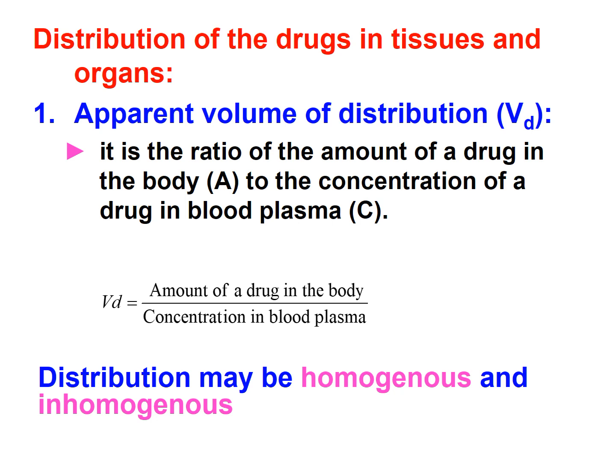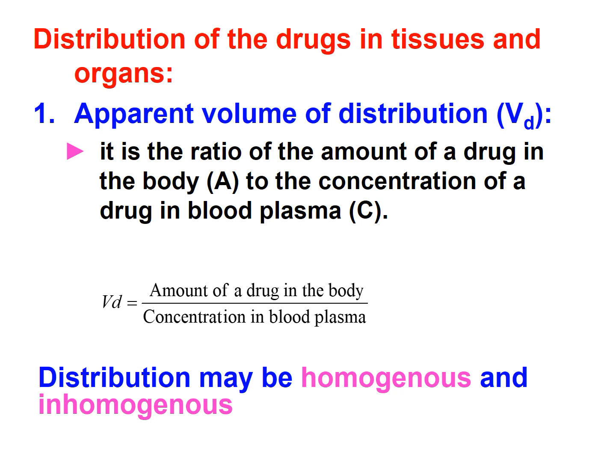If the concentration of the drug is almost the same in the blood plasma and different tissues, we call this distribution homogeneous. We have almost even drug levels inside of the blood vessels and in different tissues, in different cells.